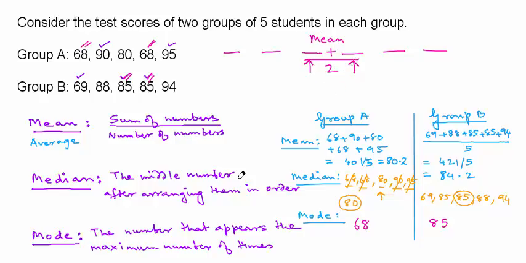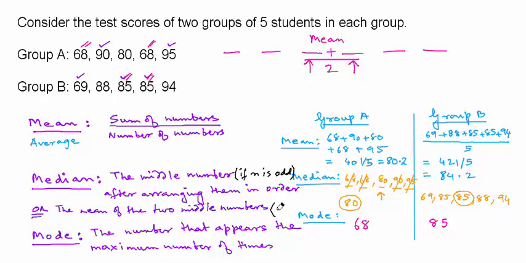So if I may write that down: the middle number, if n is odd, where n represents the number of numbers in the set, or the mean or the average of the two middle numbers, add them up, divide by 2. That's how you find the average or the mean of two numbers. And that is if n, the number of numbers in the set, is even.